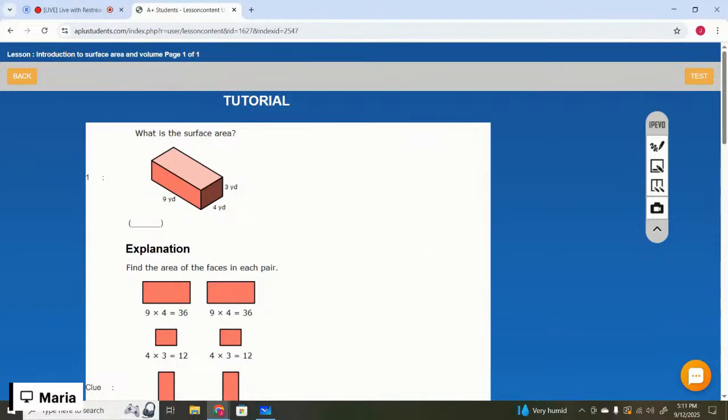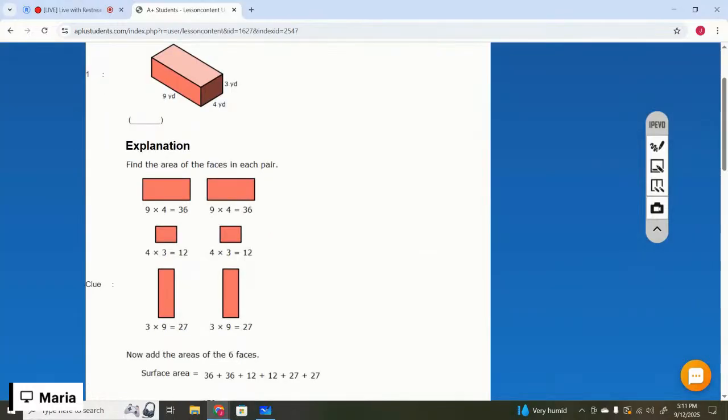What is the surface area? So we need to calculate the area of each face, then we need to add, right?